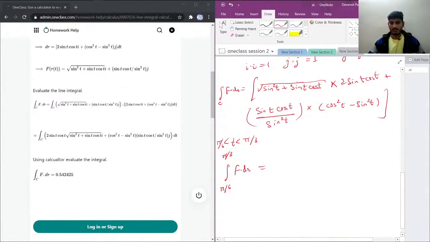Okay, calculator is needed at this point of time. So it is 2 times sine t cosine t.